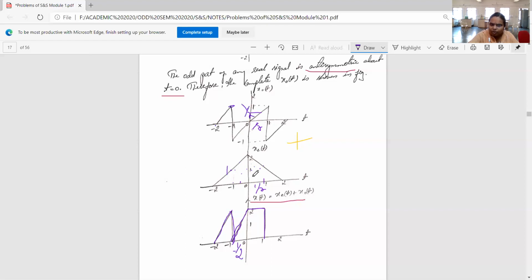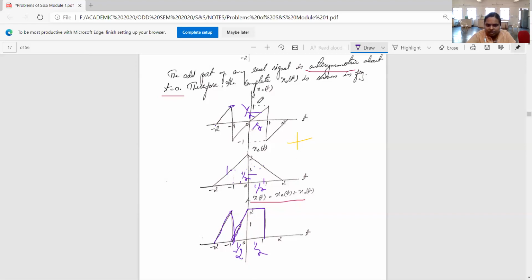Again here 1 by 2. At 1 by 2, if I add the signal, here 1 by 2, here 1 by 2, you will be getting 1.